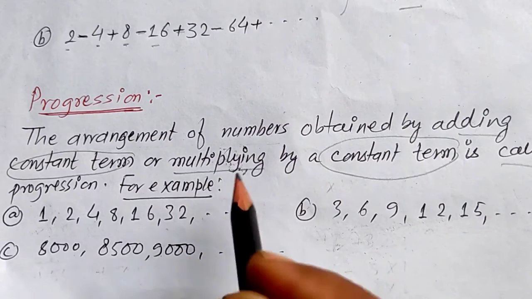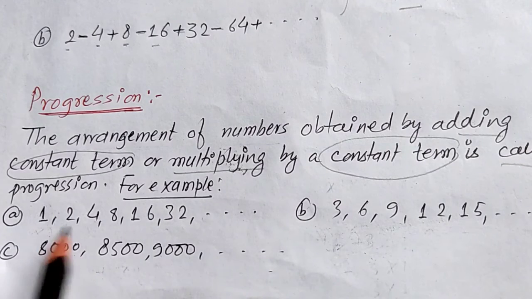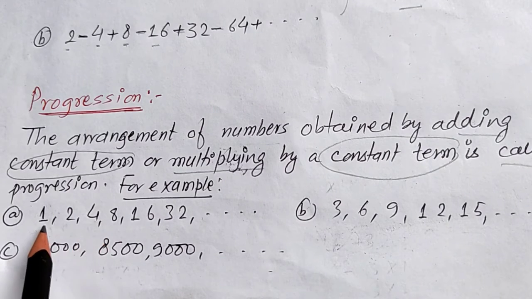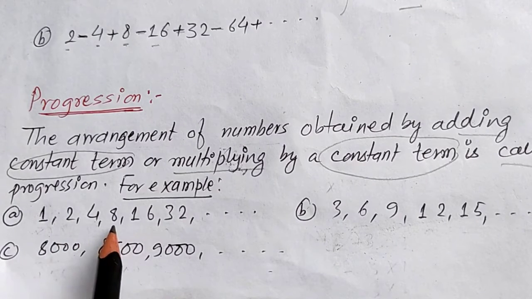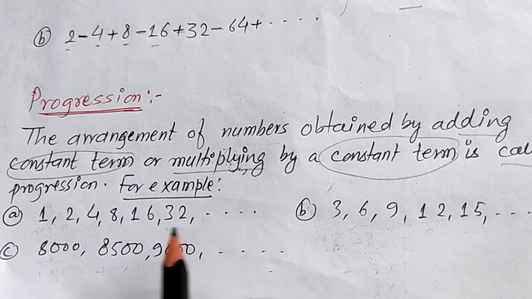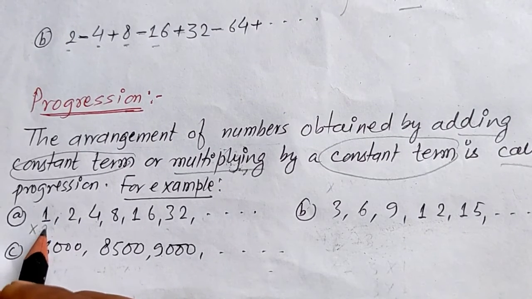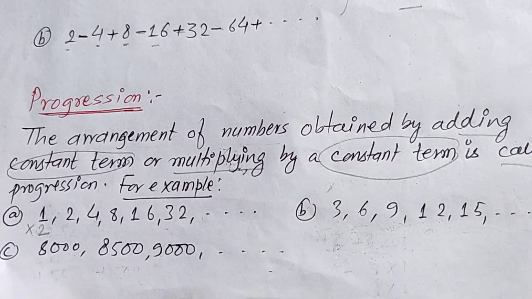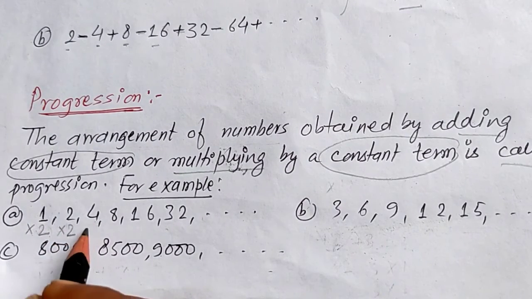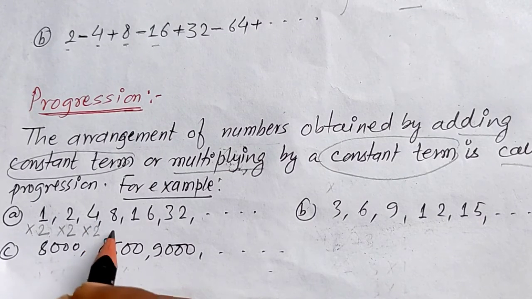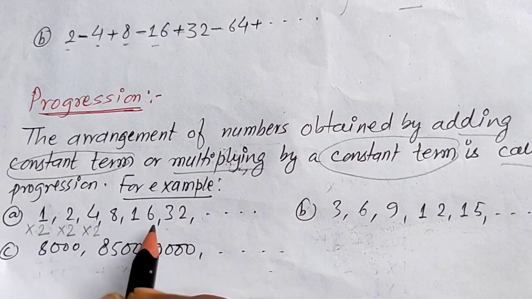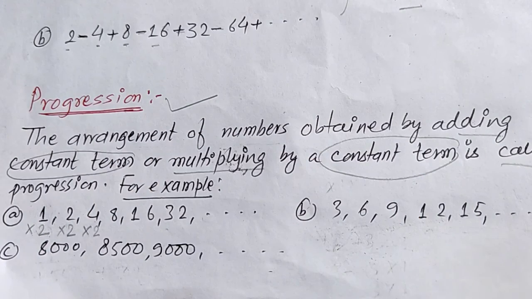For example, in example first, you can see 1, 2, 4, 8, 16, and so on. Here, when the first term is multiplied by the constant number 2, you get 2. Again, when the second term 2 is multiplied by 2, you will get 4. Again, when this 4 is multiplied by 2, you will get 8, and so on. Such an arrangement is called progression.